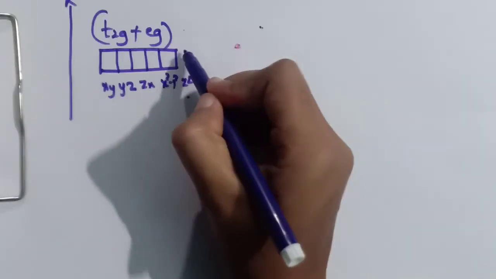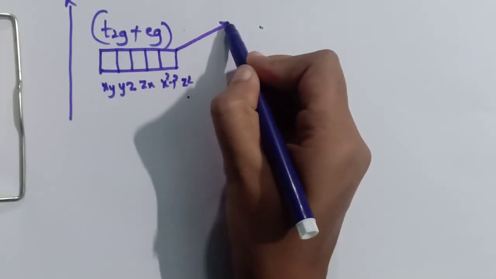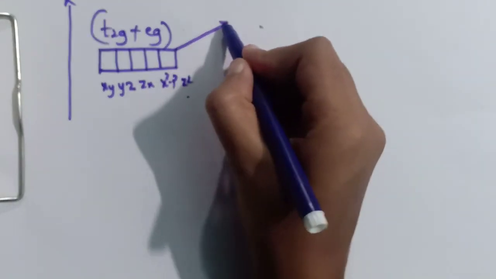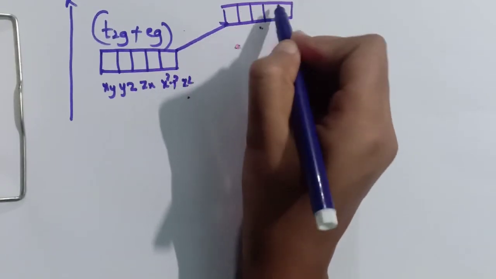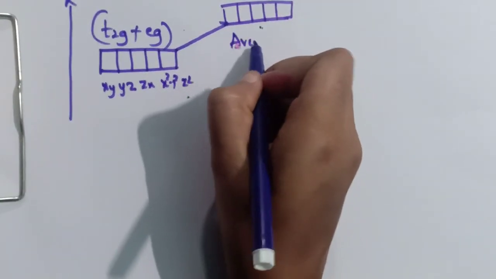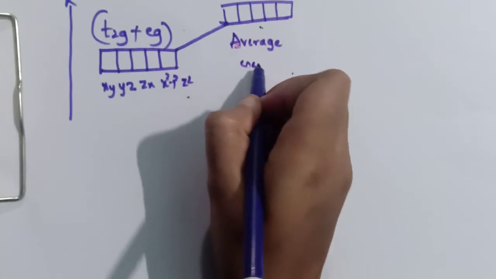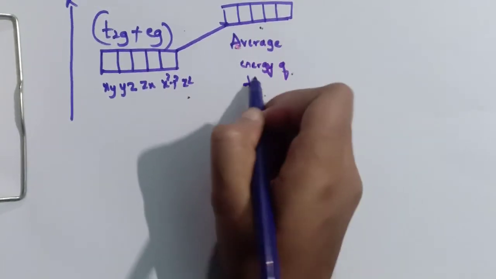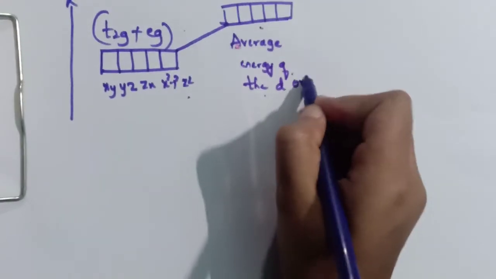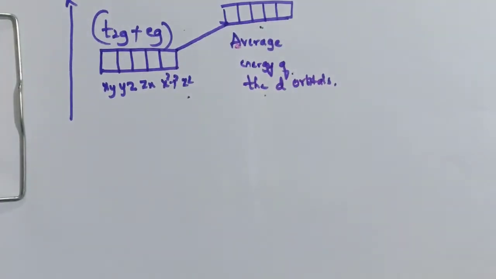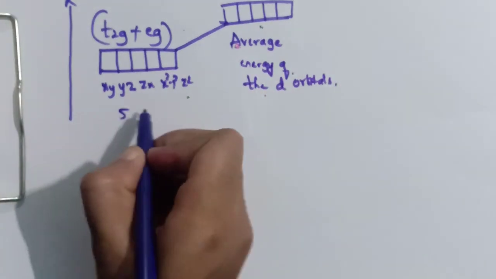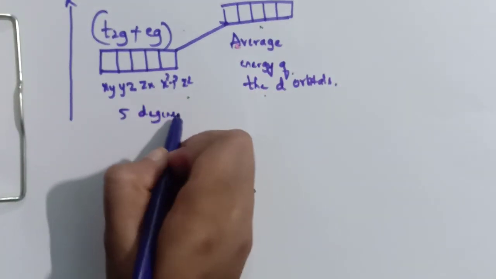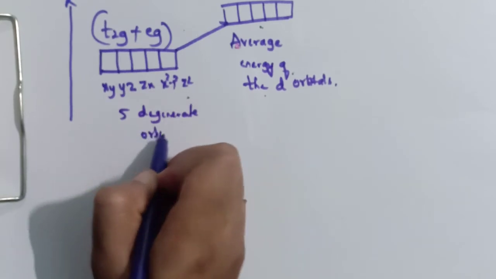When the ligands are approaching, these will be shifted to higher energy levels. That means the average energy of the d orbitals. When the ligands approach, here these are 5 degenerate orbitals.